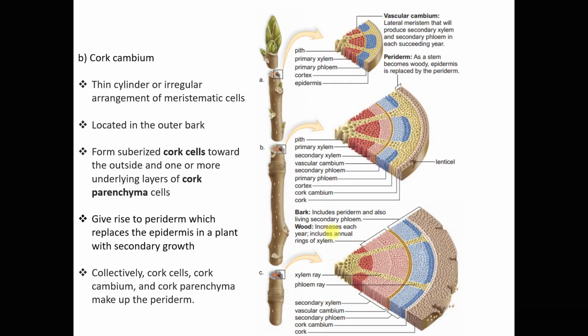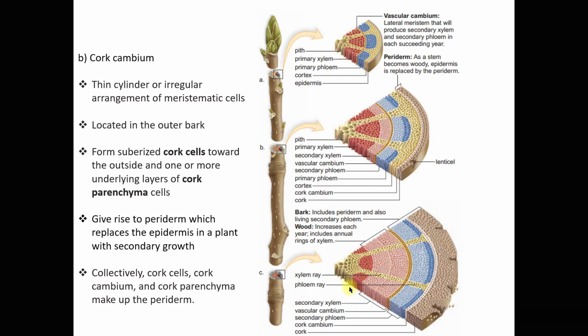Now, the cork cambium. We already covered the vascular cambium here. You can see the structure here. This is the vascular cambium that adds more cells to the secondary phloem. So this is the secondary phloem, and this is the secondary xylem. Where is the primary xylem and the primary phloem?